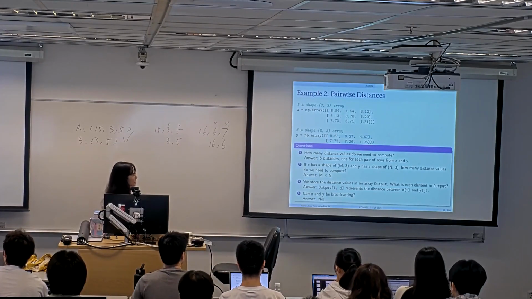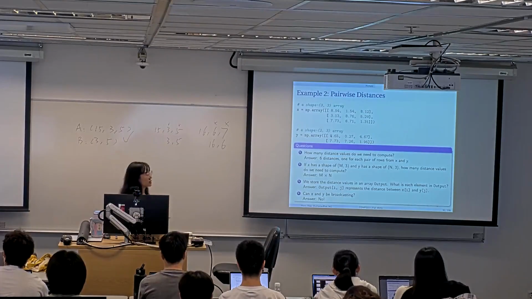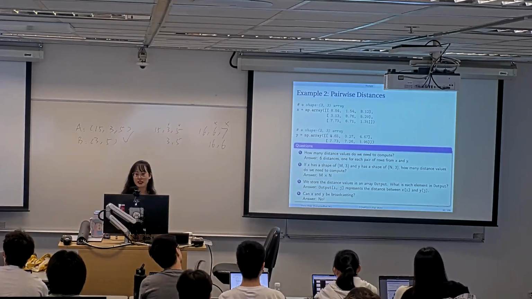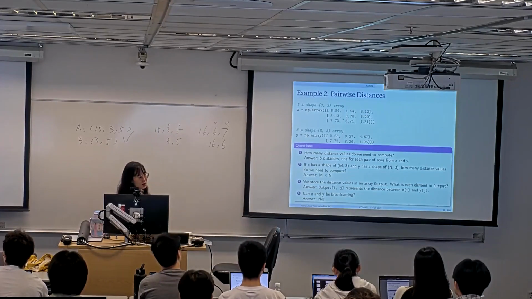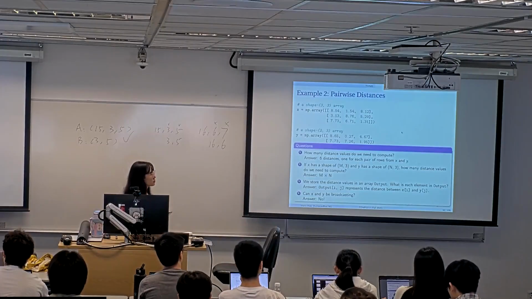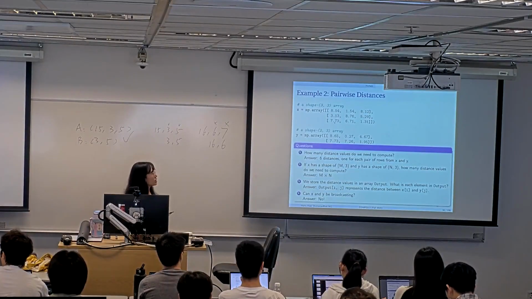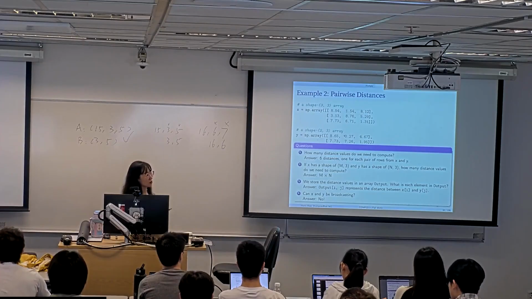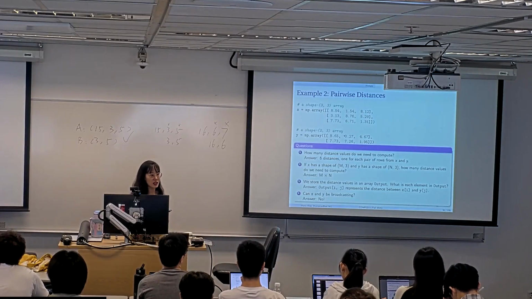In this case, how many distance values do we need to compute? 6, right? Because x has 3 rows, y has 2 rows. So in total, we need to compute 6 distances because for each row of x, for each row of y, we want to compute pairwise distance.